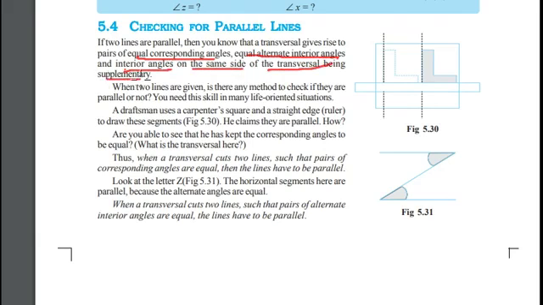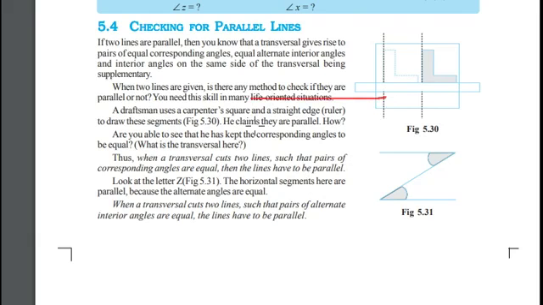We saw this in the previous slides. We proved all three conditions. When two lines are given, is there any method to check if they are parallel or not? We are just converting the statement. When a transversal cuts two lines, pairs of corresponding angles are equal, then lines have to be parallel.